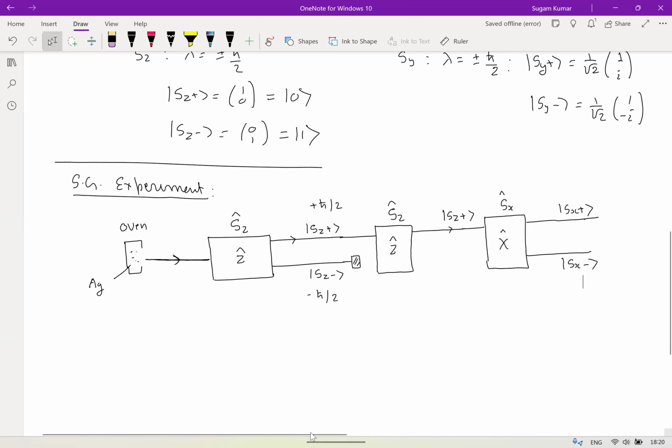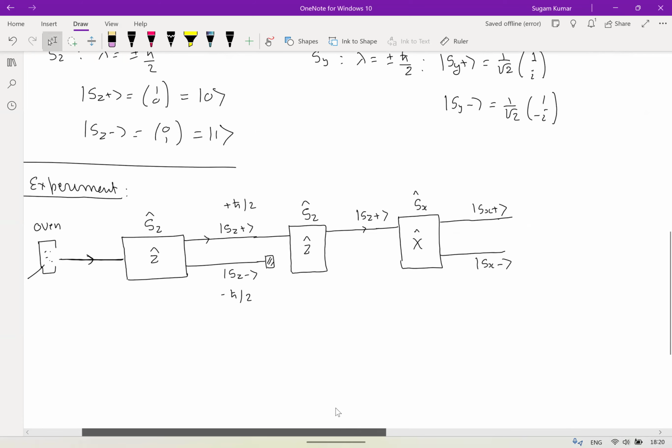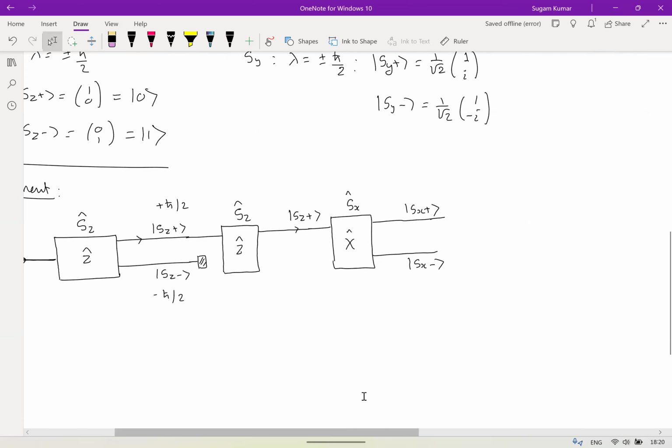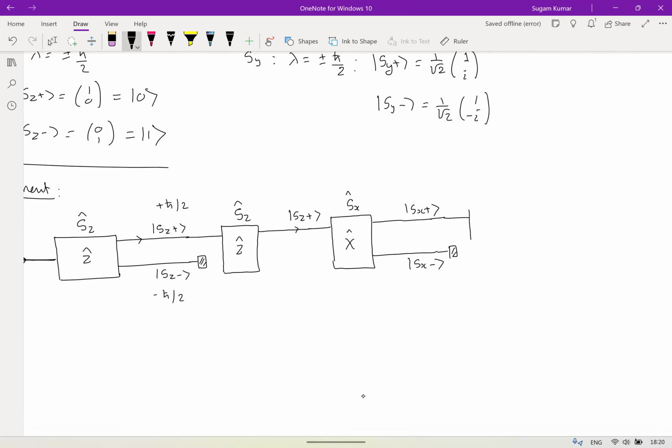In the majority of quantum mechanics books, you will see that the interesting part arises when you block one of these beams, and again pass the other through the z component, measuring Sz again. You're going to get two beams again, Sz plus and Sz negative.